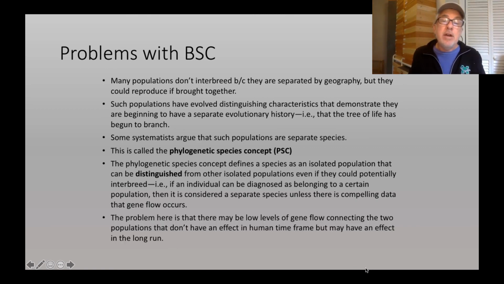The problem here is that there may be very low levels of gene flow connecting the two populations, and they don't have an effect in a human time frame, but they may have an effect in the long run. Or maybe in 200 years, there'll be gene flow that will swamp the changes that have already occurred, and they will revert to being a single species. That's an argument that's going on. It's a little esoteric. I'm not going to go any farther in it. If you're interested in it, I can point you in the direction of looking at that.